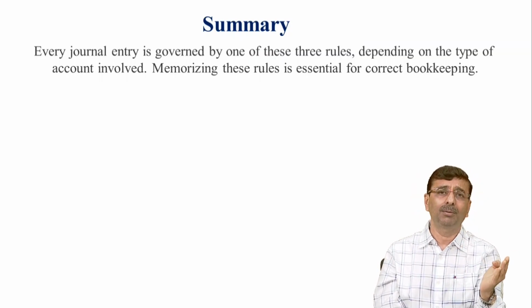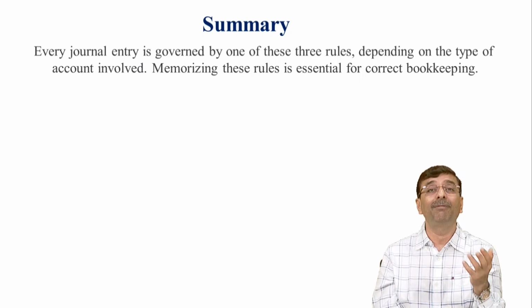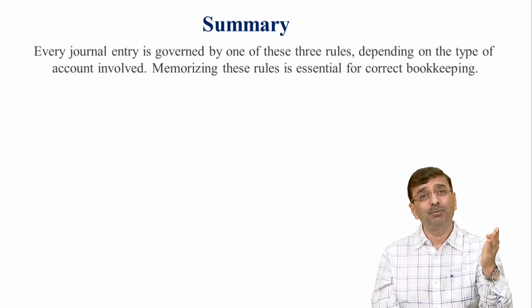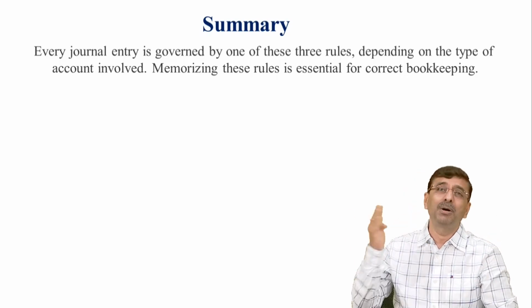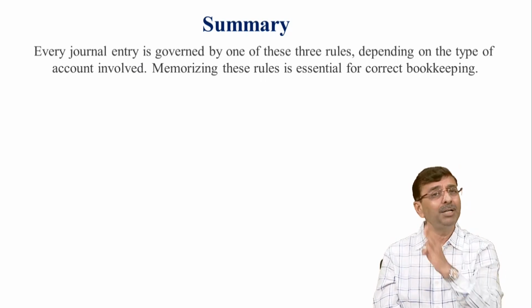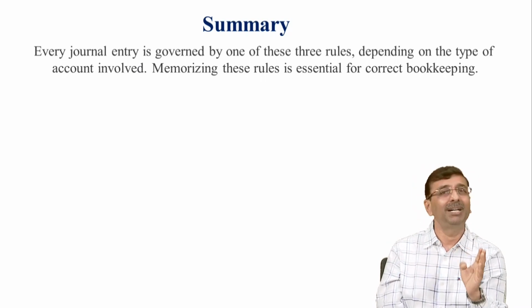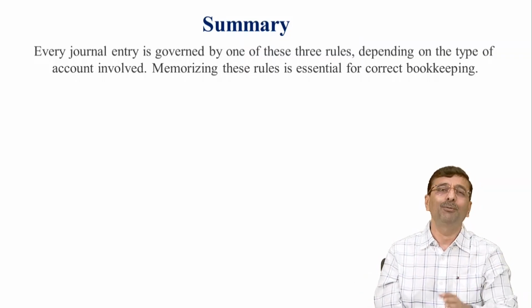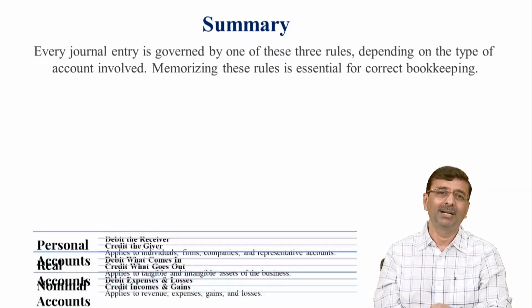As we understood in the earlier module, that is the dual effect. What was the dual effect? The amount which is debited, the same amount has to be credited, not in a single transaction, but in total. So the debit and credit have to match. This is the way the transaction has to take place.